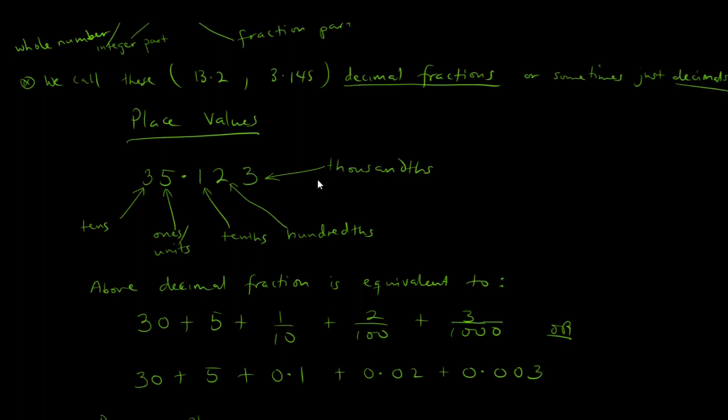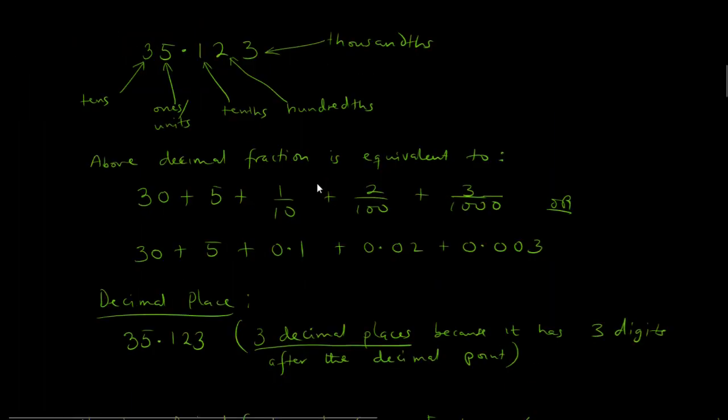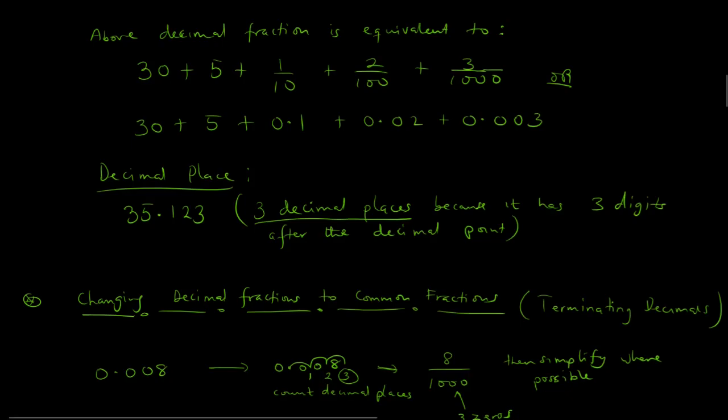So this figure 35.123 can also be written as a sum of the place values: 30 plus 5 plus 1 over 10 plus 2 over 100 plus 3 over 1,000. All summed up will give you the same number, 35.123.